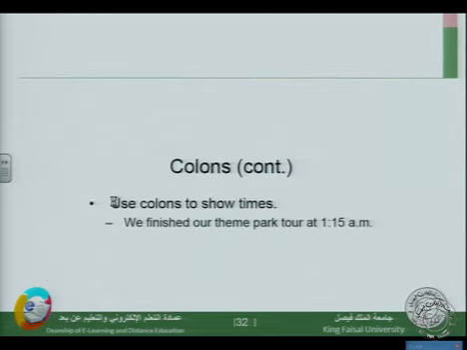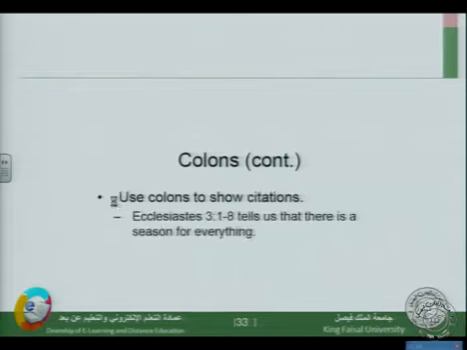Use colons to show times. We finish our theme park tour at 1:15 a.m. Also to show time, or maybe 5:30 p.m. or a.m. Use colons to show citation.